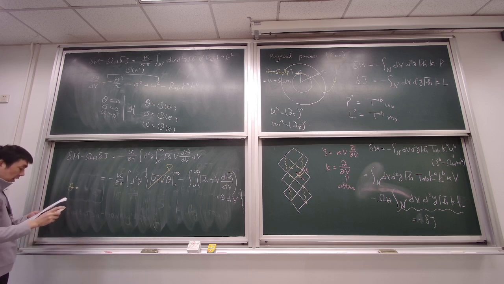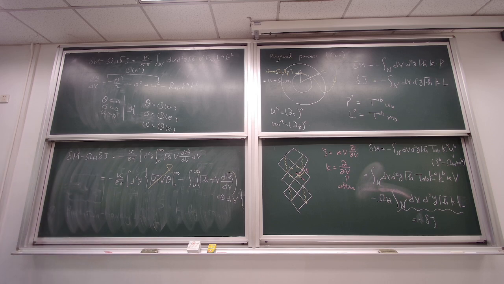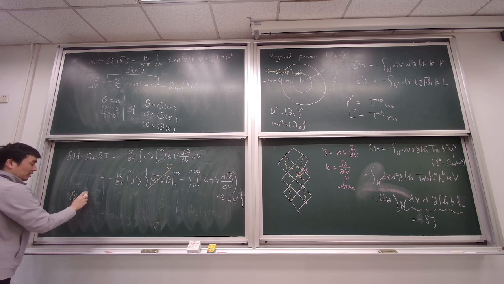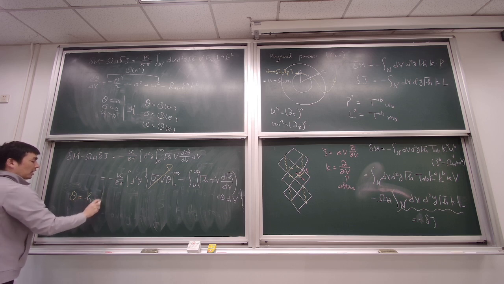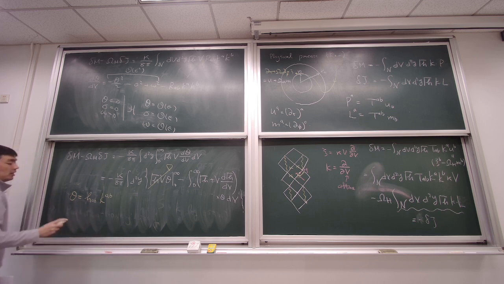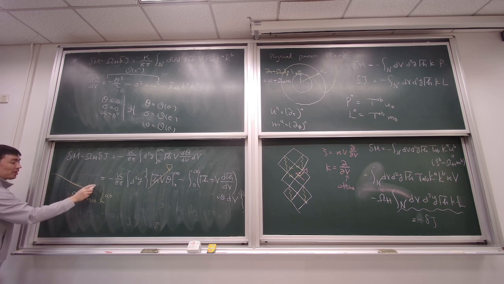This part is what I didn't explain very well. So theta is in fact obtained by just the trace of K_AB, where kappa AB is the extrinsic curvature, as I mentioned many times. Maybe it's better to repeat.